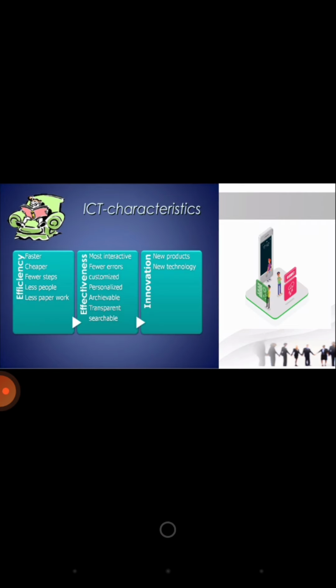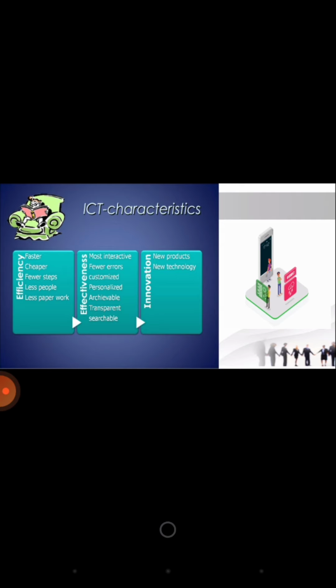ICT characteristics. We have two flows of the ICT characteristics. We have efficiency: the faster, the cheaper, the fewer steps, fewer people, less paperwork. Then effectiveness: they're more integrative, error-free, customized, personalized, accountable, transparent, researchable.